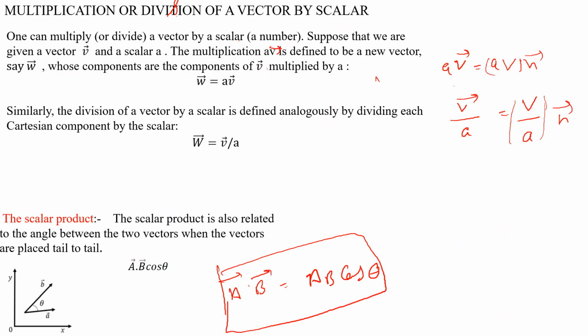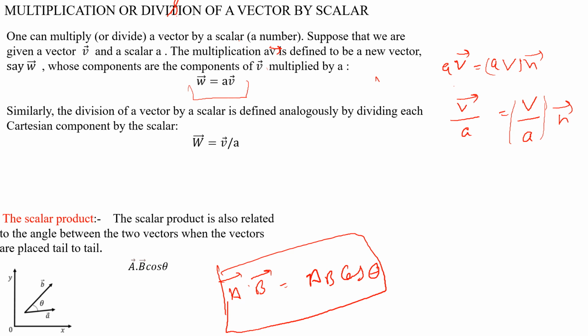Now we discuss multiplication or division of a vector by a scalar. One can multiply a vector by a scalar, a number. Suppose that we are given a vector v and a scalar a. The multiplication a v vector is defined to be a new vector, say w vector, whose components are the components of v vector multiplied by a.